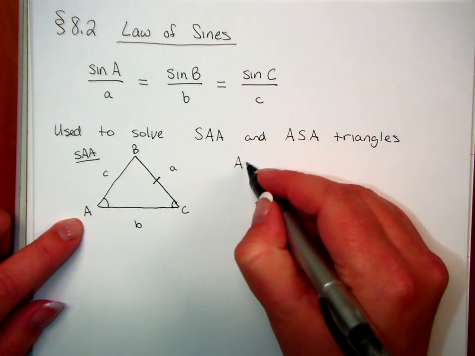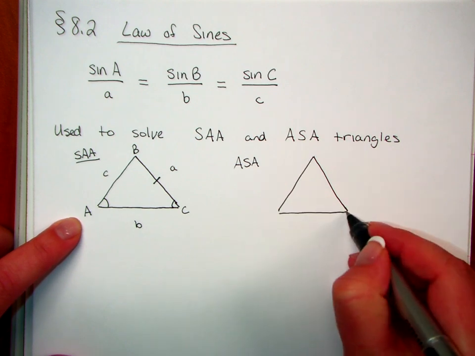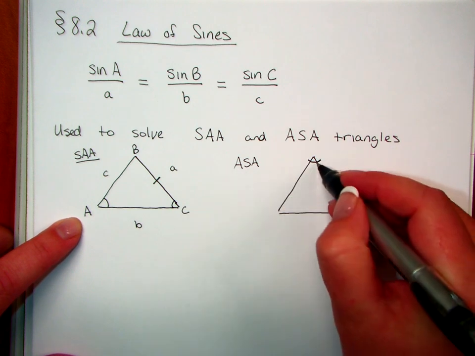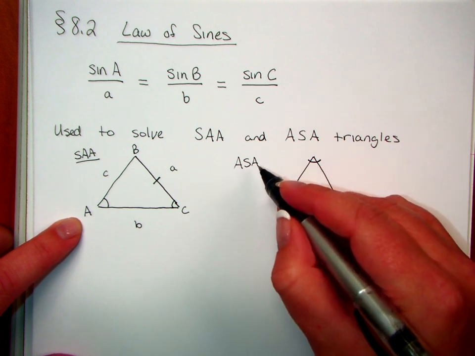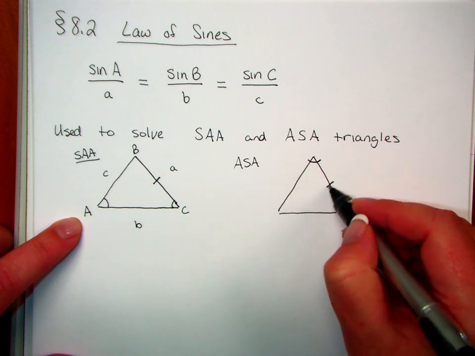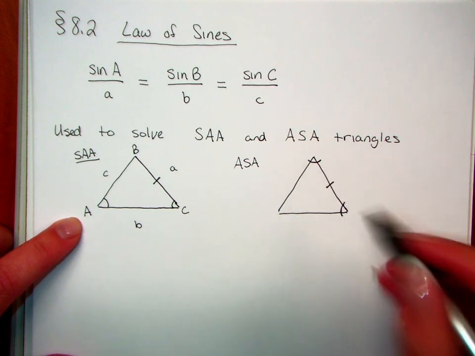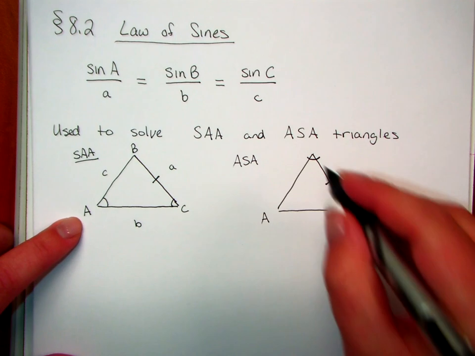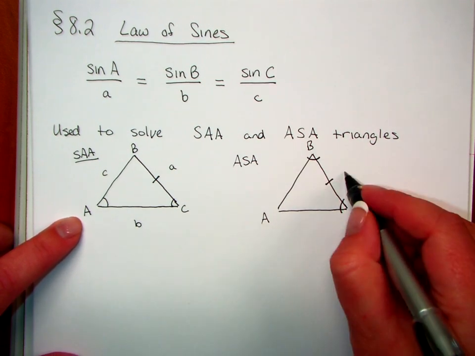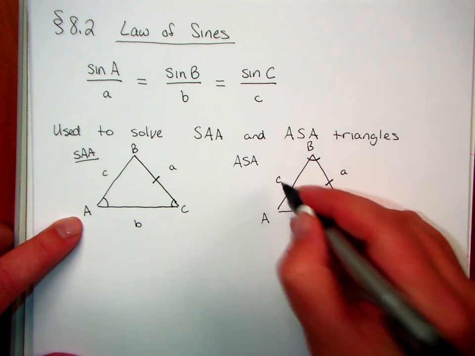If I wanted to label what an angle-side-angle triangle looks like, I'm going to start with the top angle here. That means we need to know the next immediate side and the next immediate angle when traveling clockwise. So if I start here, the next immediate side is here, and the next immediate angle is here. This is our angle, side, angle. If I label these A, B, and C, the side opposite angle A is little a, the side opposite angle B is little b, and the side opposite angle C is little c.